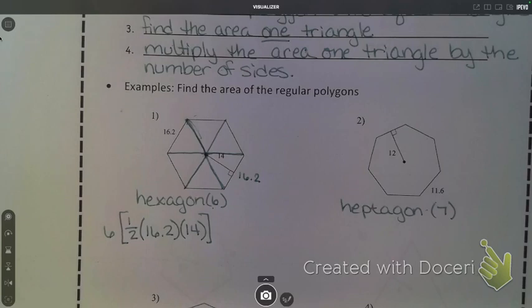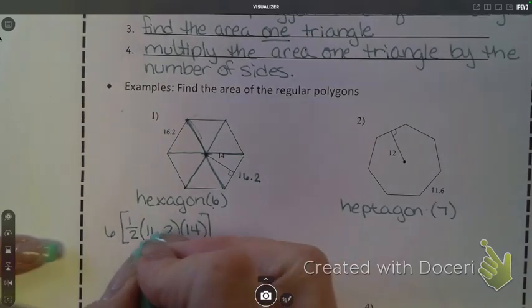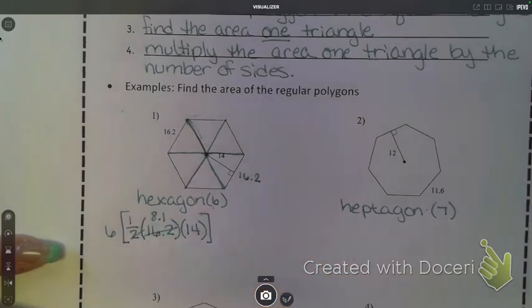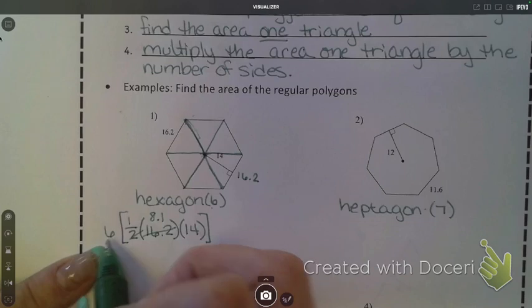What did I stress? One. That's not like addition, so you're not distributing it. They're all multiplication. What do you want to take half of? 16.2. So that is going to make that 8.1. Okay. So then I would do 6 times 14.